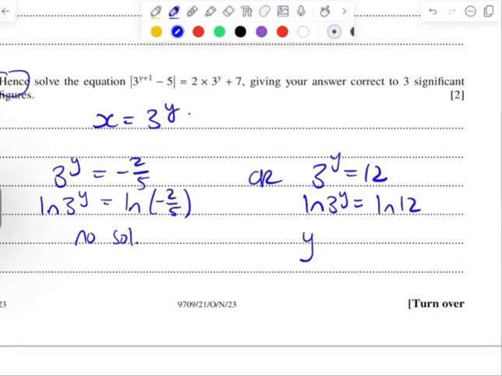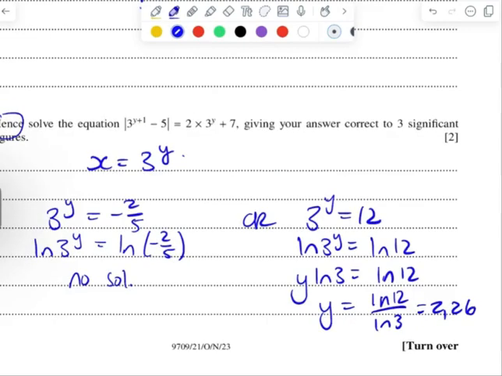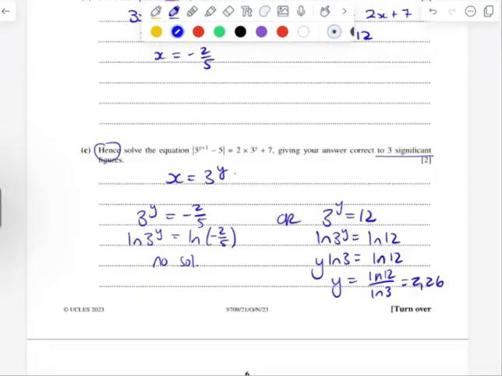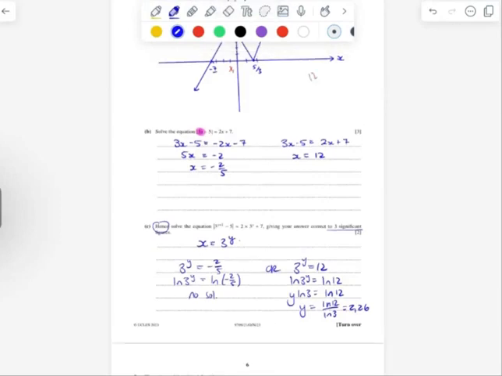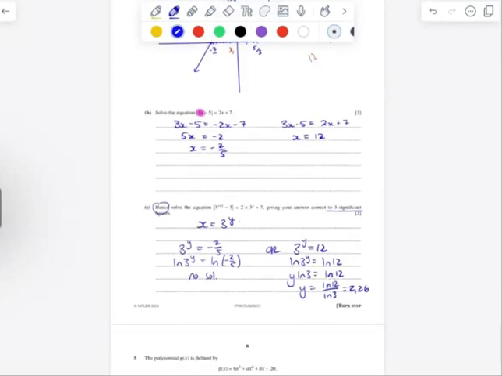Here, 12, there is a solution. So here we've got ln 12 divided by ln 3, and that gives us a value of 2.26, and they said give your answer correct to 3 significant figures, and so that will be our final answer. Okay, and there's no other solution, just that one. All right.